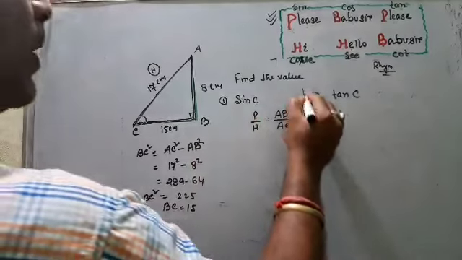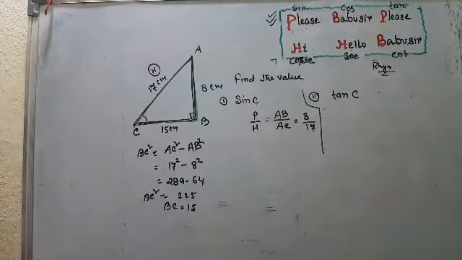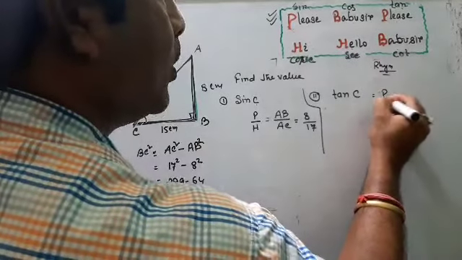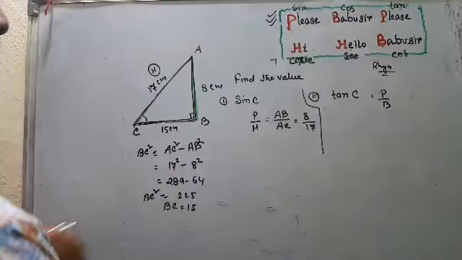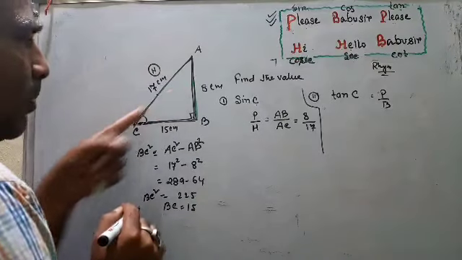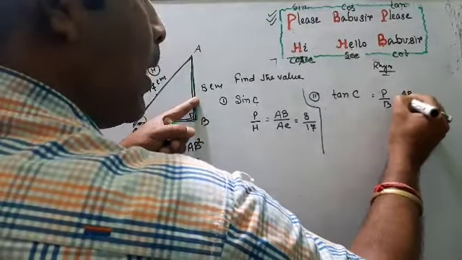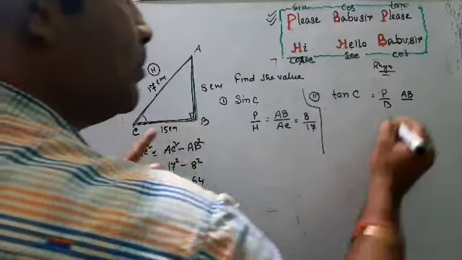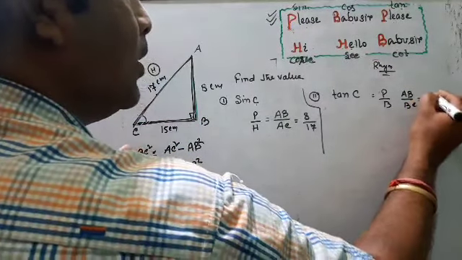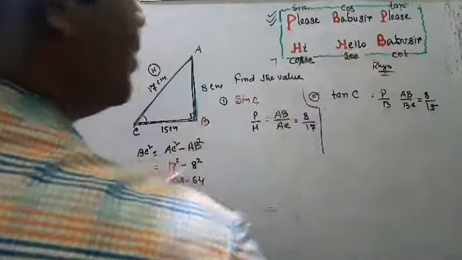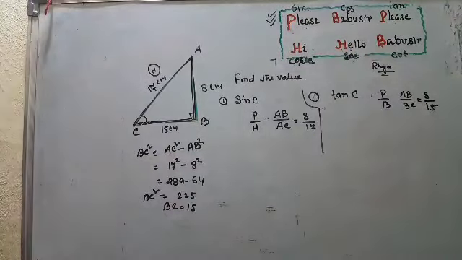So that is the value of sine C. What about tan C? Tan is P by B, and the reference angle is again C. So this is my perpendicular AB, and base is BC. AB is given 8 and BC is given 15. So like this we have to find the value.